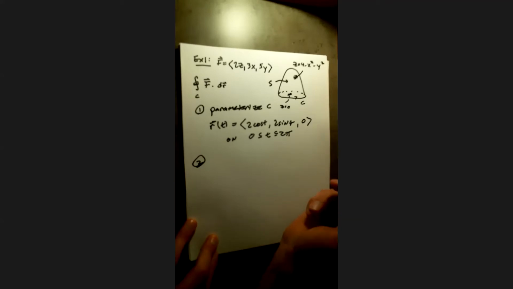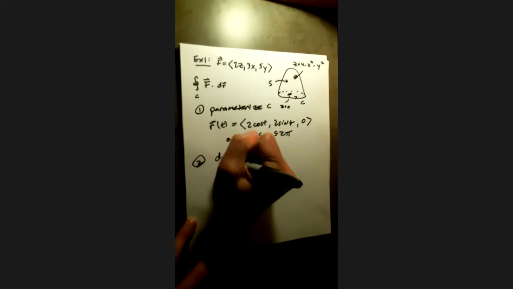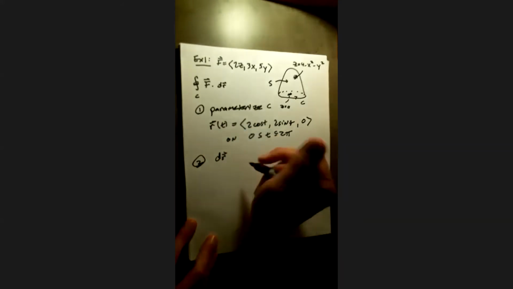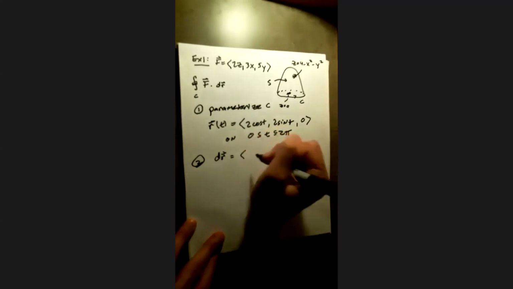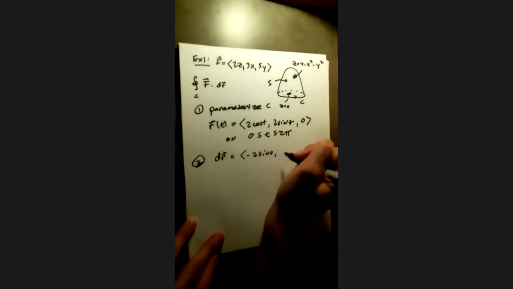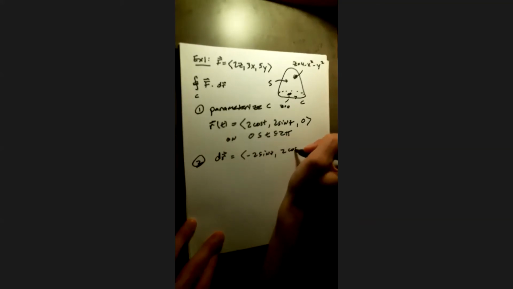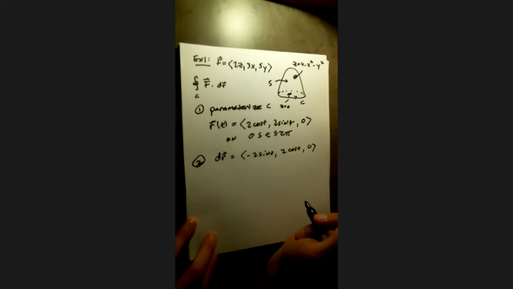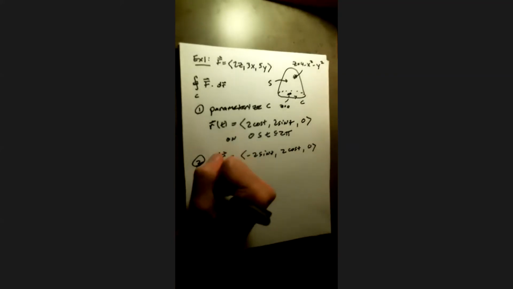Find our dr, exactly. Find dr. So this one's nice. Negative 2 sine t, 2 cosine t, derivative of 0 is still 0. So that's looking pretty good.